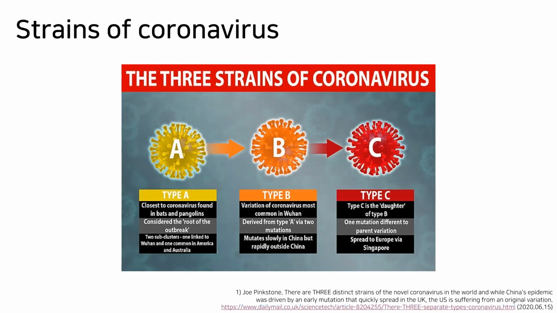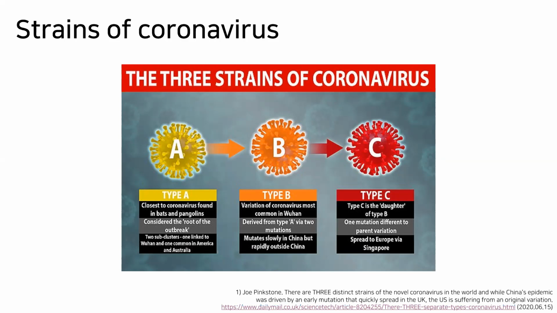Type A is the closest form in bats, and this is considered the root from which the corona pandemic began.